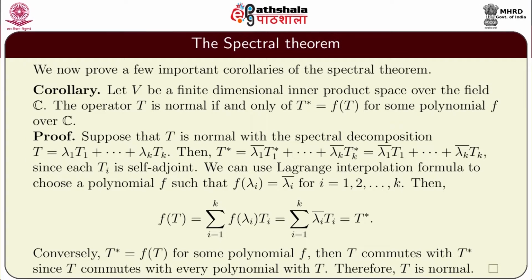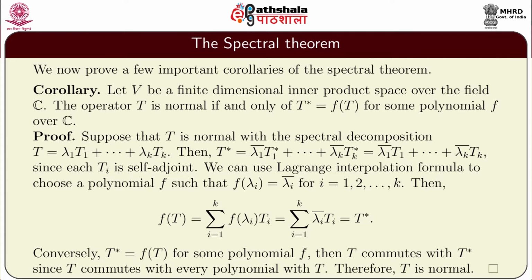We now prove a few important corollaries of the spectral theorem. The first one says, if V is a finite dimensional inner product space over the field of complex numbers C, then the operator T is normal if and only if T star is equal to f of T for some polynomial f over C. Suppose that T is normal with the spectral decomposition T is equal to lambda 1 T1 plus dot dot dot plus lambda k Tk, then T star is equal to lambda 1 bar T1 star plus so on plus lambda k bar Tk star, and that is equal to lambda 1 bar T1 plus so on up to lambda k bar Tk.